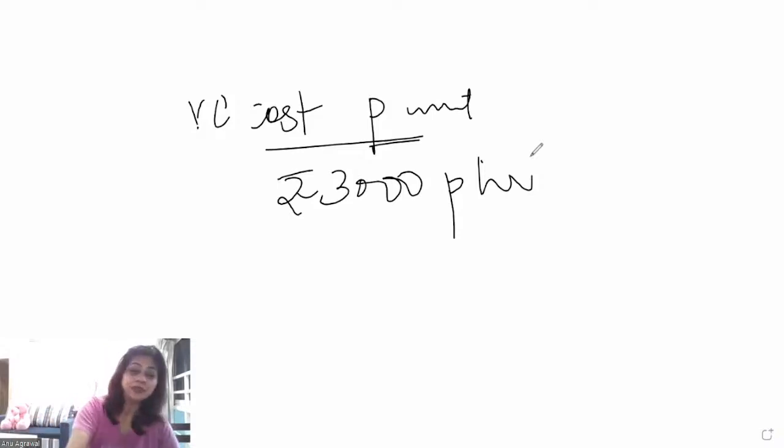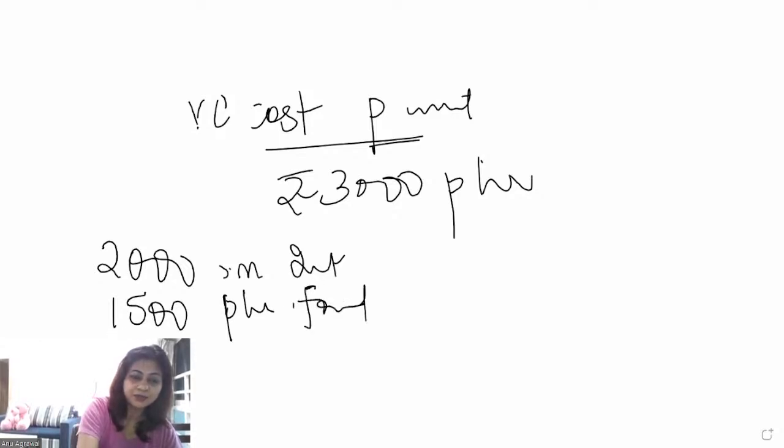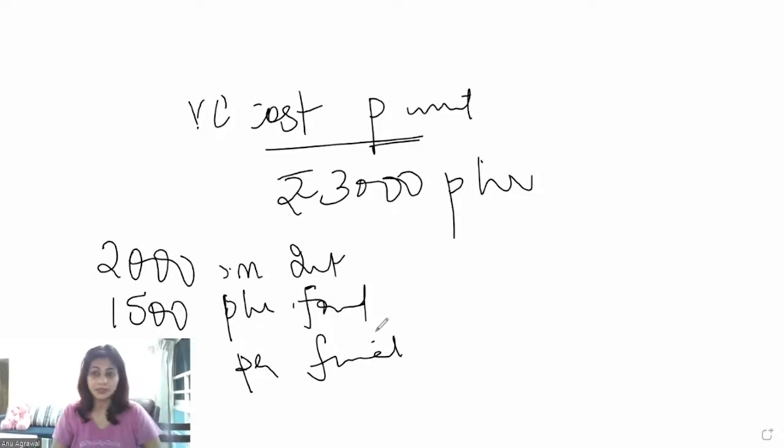Now, for example, if ICAI pays me 2,000 per hour if I take inter, 1,500 per hour if I take foundation, and 3,000 rupees per hour if I take final, it's a very simple thing.